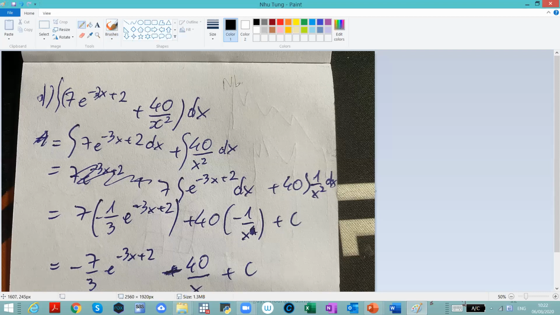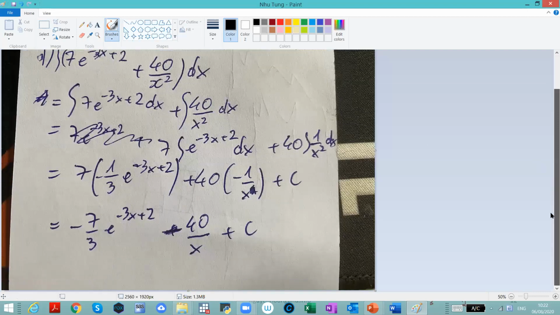This is from Newton, I think. Oh, so you did. I think this one is correct, right?